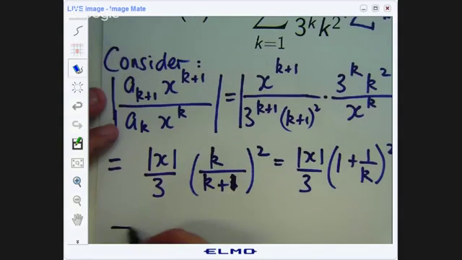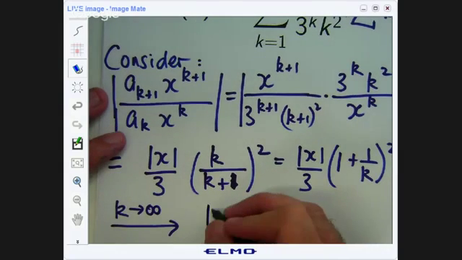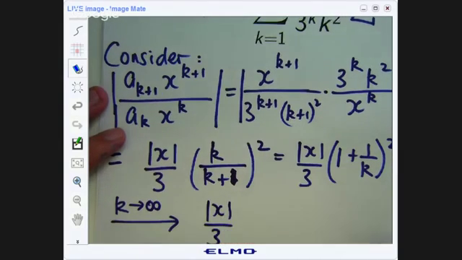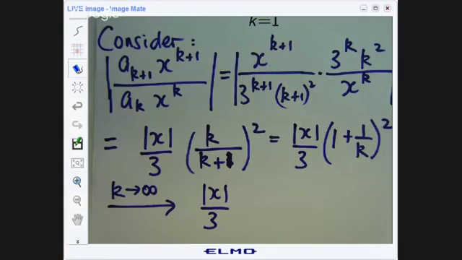So I end up with this. Now, the ratio test tells us that when that ratio is strictly less than 1, the series converges.